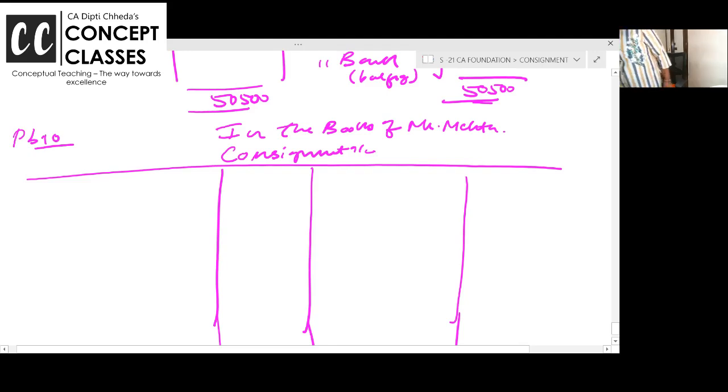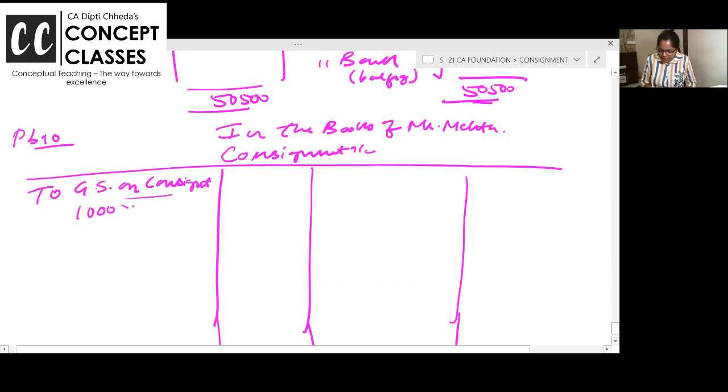How much have you all written? Consignment account. Simply we have to put the figures. It's that simple. Goods sent on consignment: 1,000 cases of 1,000 each, 10 lakhs.